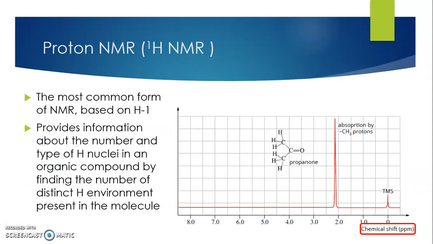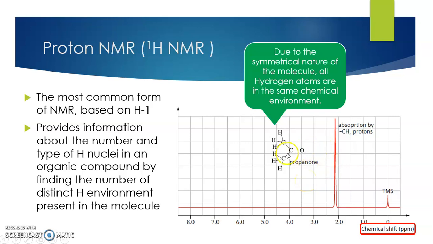Then proton NMR. Similarly, it also produces peaks on the spectrum according to the number of hydrogen atom environments in a particular molecule. Okay? So look at this propanone molecule. Due to the symmetrical nature of this molecule, you'll notice that all those hydrogens are in the same environment.